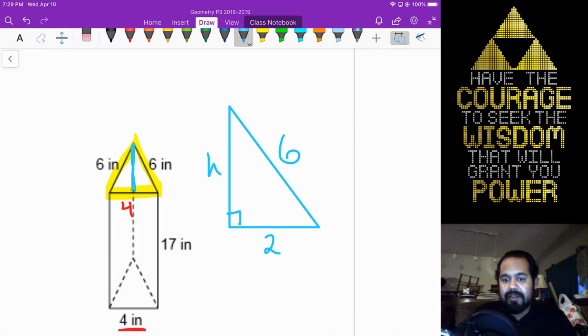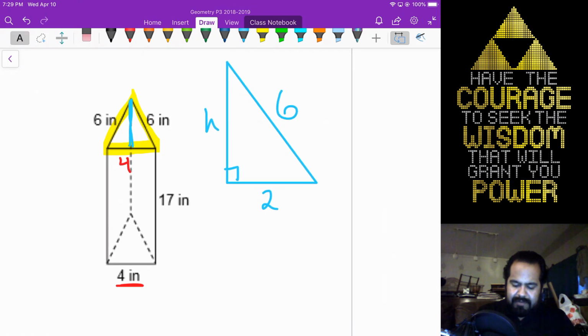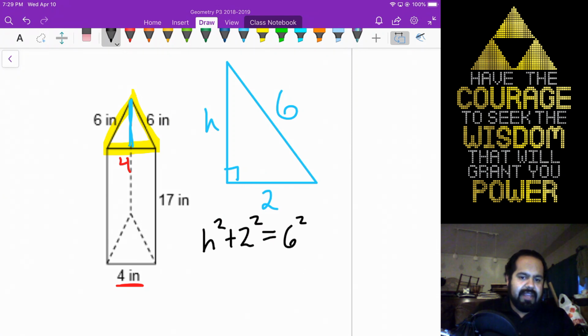So right here, we're going to do the Pythagorean Theorem. All right, let's do some math. H squared plus 2 squared, so H squared plus 4 equals 36.